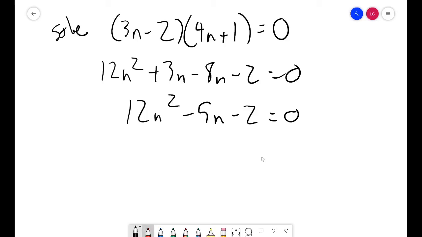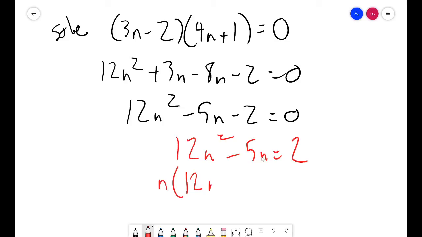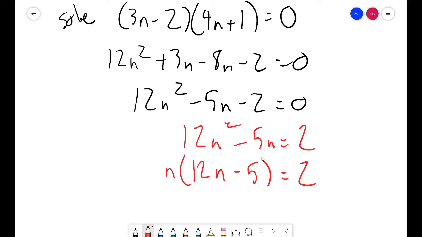One thing, let me put this in red. There will come a time when you will feel the urge to rewrite this equation like this and then factor and then solve for when n equals 2 or when 12n minus 5 equals 2.